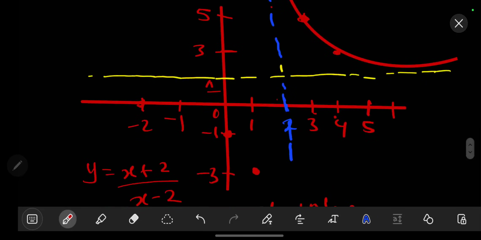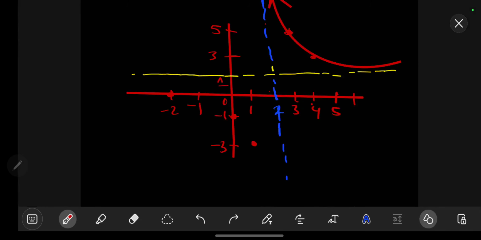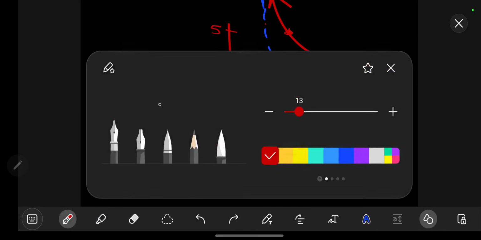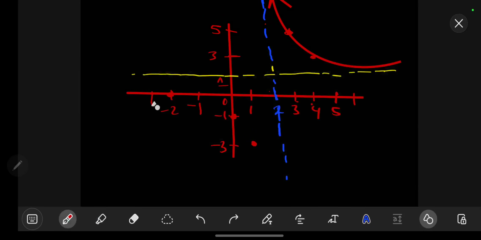So we have 3 sets of points that we are going to use. So that means the more you go this side, the more the value increases. So we are going to join them to have something like this. Yeah.